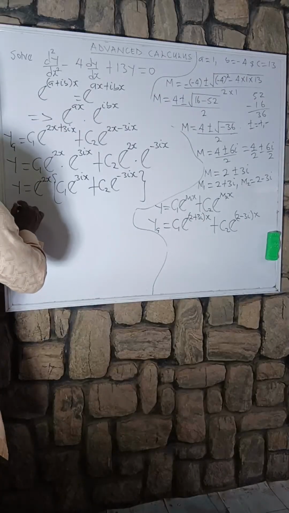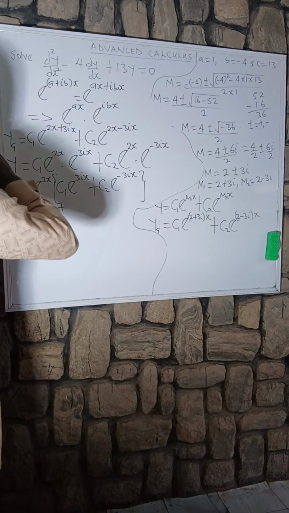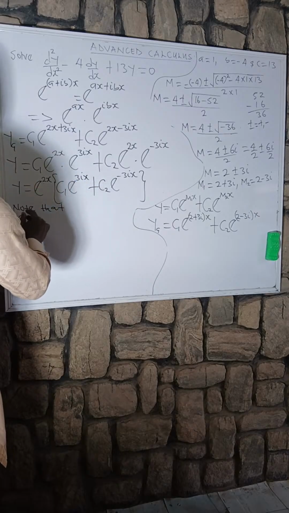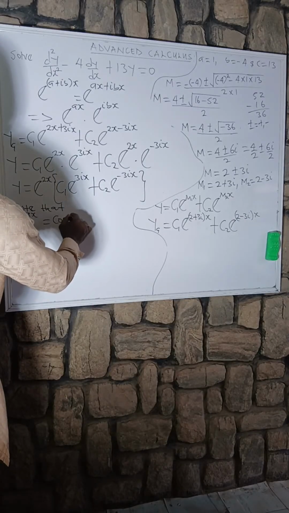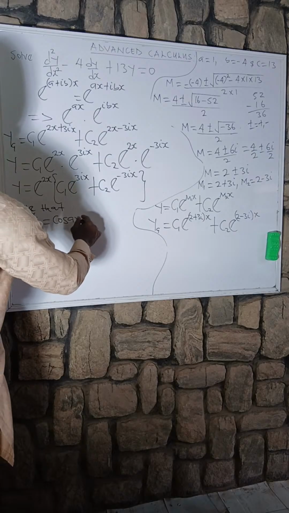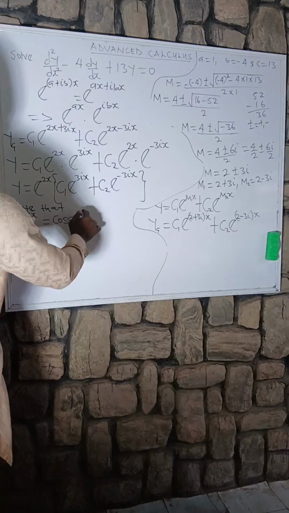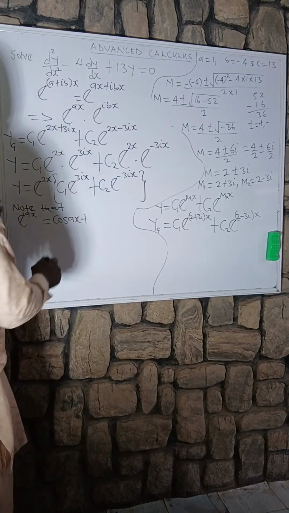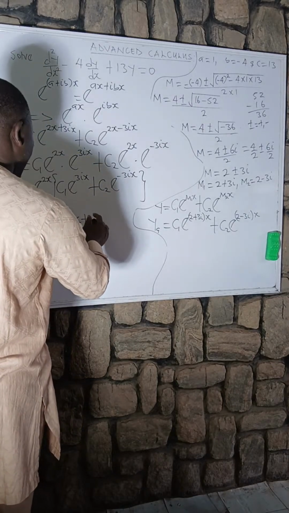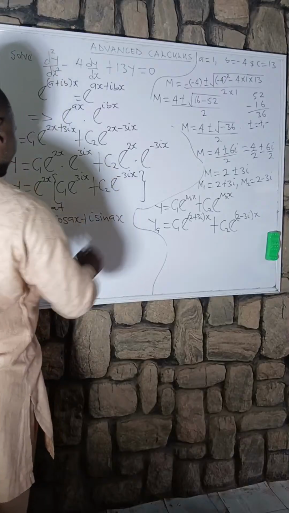It means we now write, note that exponential iax is equal to cos ax plus i sine ax.